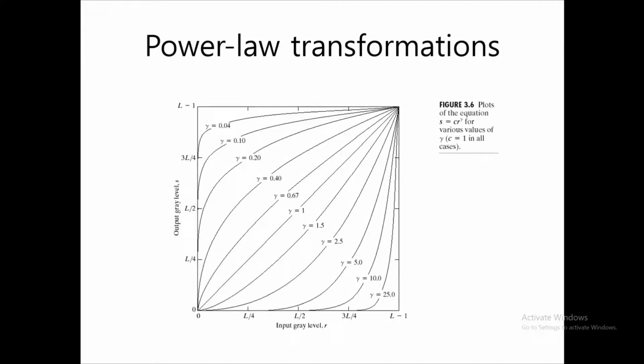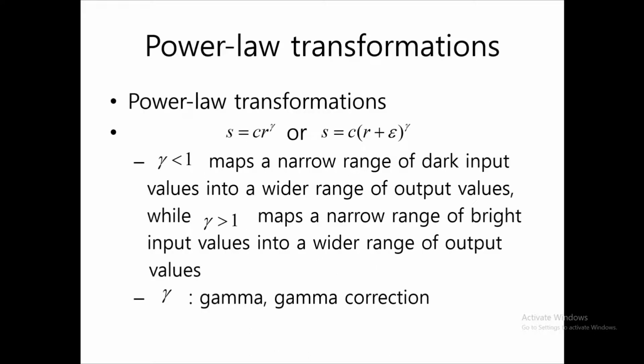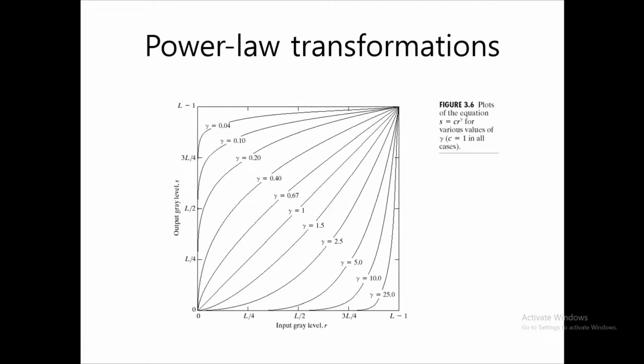Here is the plot with different values of gamma and input gray level R. As in the log transformation, a fractional value of gamma maps a narrow range of dark input values into a wider range of output, and the opposite is true for higher values of the input levels.